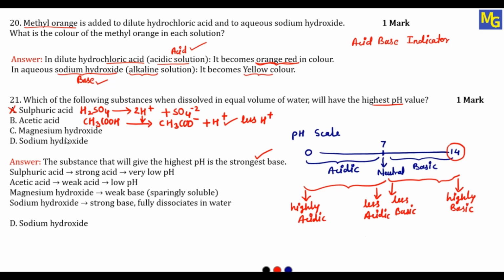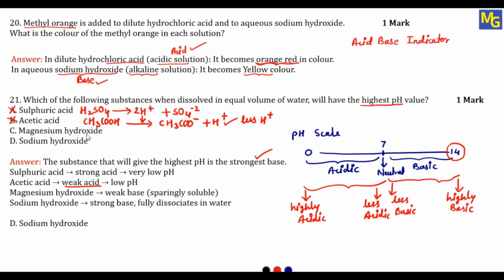So acetic acid will have pH somewhere around 4, 5, 6. So this also will not be the correct one, because in the question they have asked for the highest pH. Highest means somewhere near 12, 13, 14.